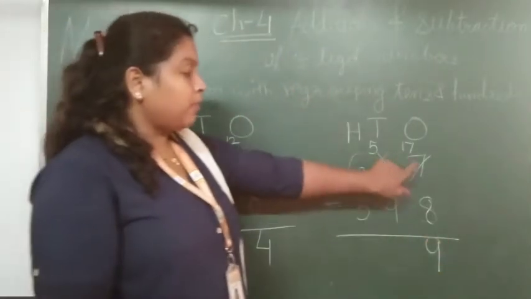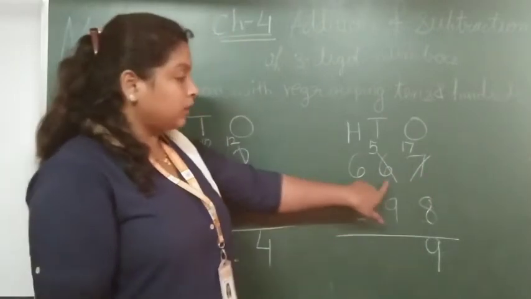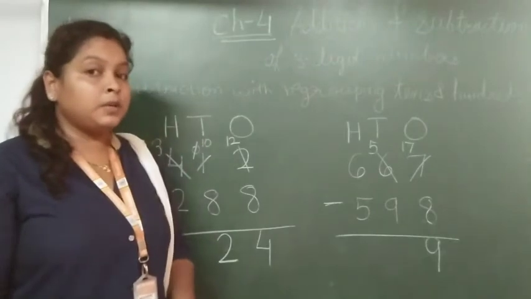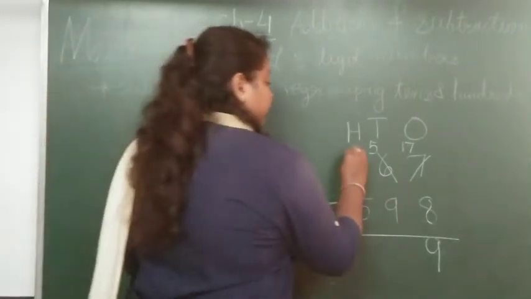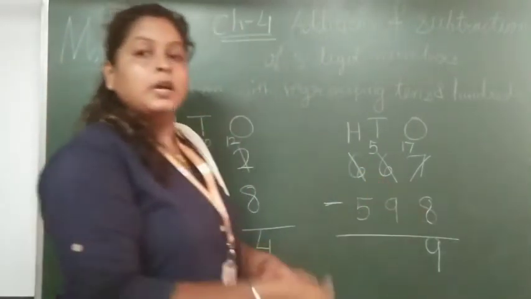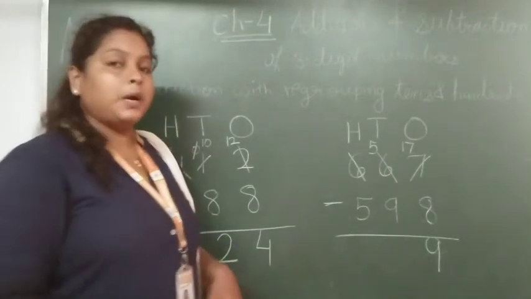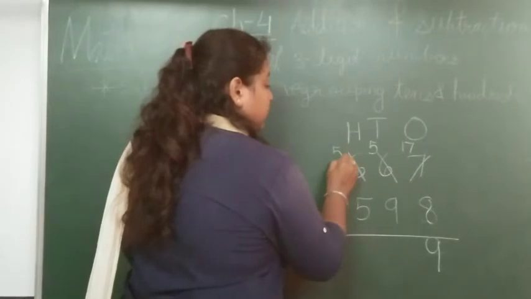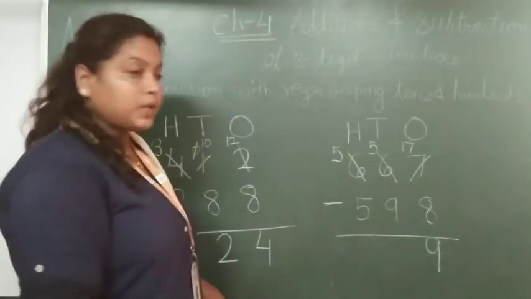Okay. Now after completing the ones place, we will move to the tens place. Now 5 minus 9. Is it possible? No. We will cut this number because it has to borrow from the nearby number. So near that number 6 is here. So we will write the before number over here as we are doing.